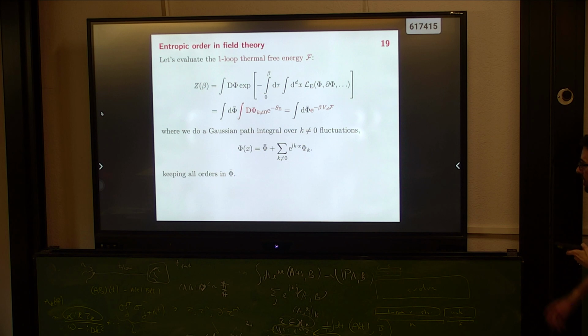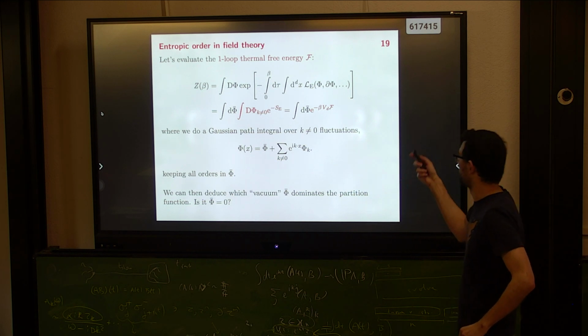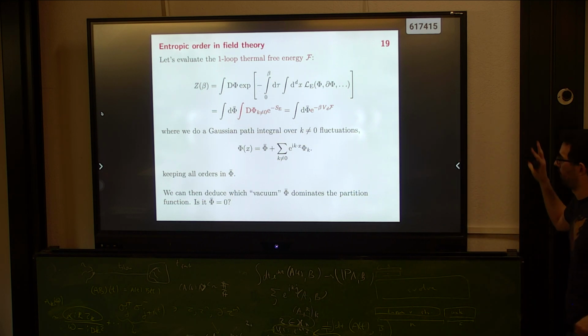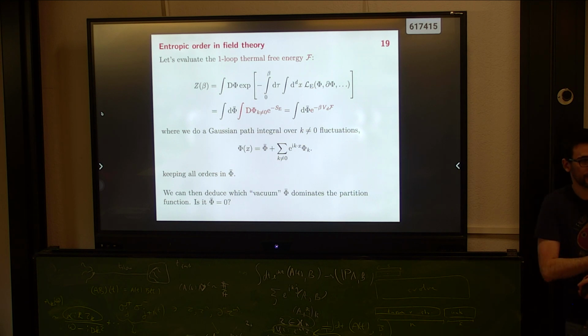Maybe in a certain large N model, it will be exact. Once we do this, we get an ordinary integral over all the vacua of phi bar, and we just need to figure out which one of them has the lowest free energy density. That will dominate the thermal ensemble. And the question is, is it phi bar equals 0? If the minimum happens to be at phi bar not equal to 0, then we have order.